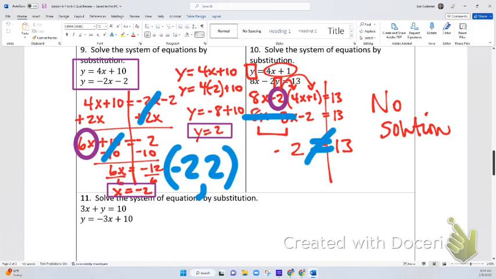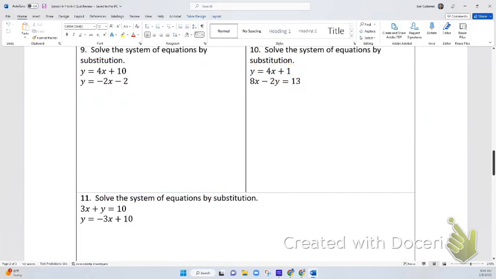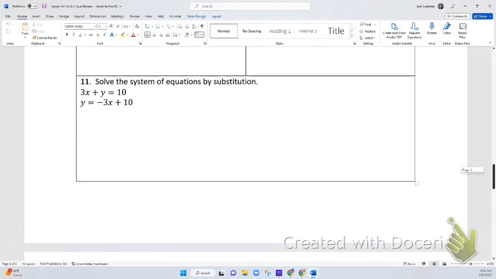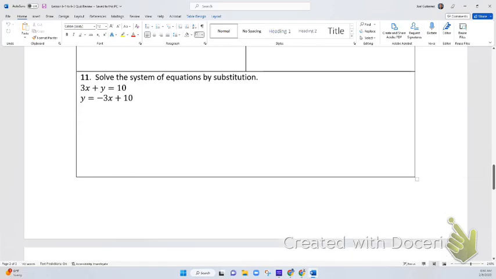Okay? For number 11, once again, we are solving by substitution. So let me scroll down just a tad bit so that way I have a little more space. So for this one, again, you are going to square off the one that is either y equals or x equals.